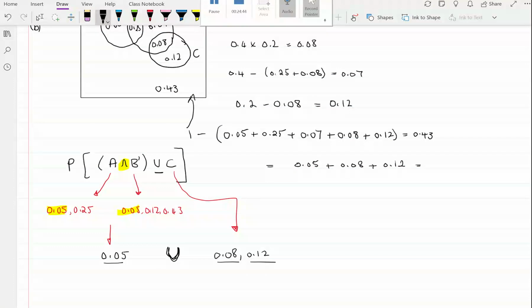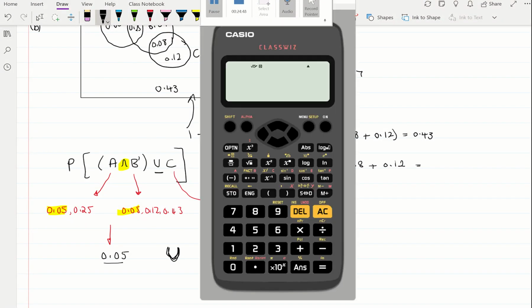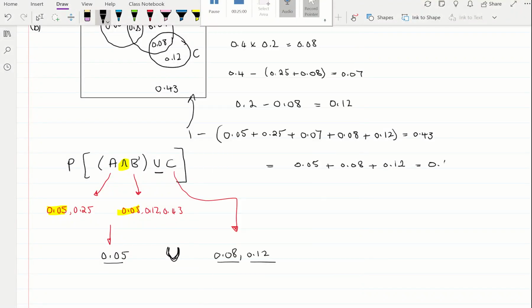So that is going to be, get my calculator, what have we got? 0.05 plus 0.08 plus 0.12, and that is 0.25. That's what I want. And that is the end of this section 4.4.